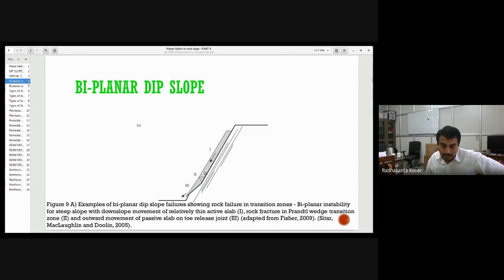If it is multiplied by the amount of displacement, that is work, and if that work is done, energy will be produced. Due to that energy, finally this portion will be broken down, and the third portion has a tendency to slide out, move out of the toe. So this is the kind of situation that will arise in a biplanar mode of failure.